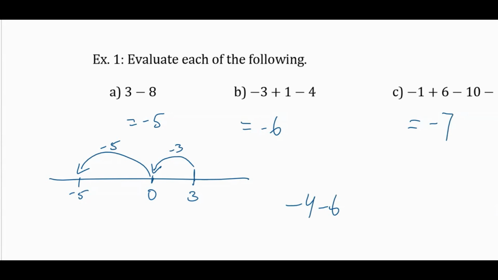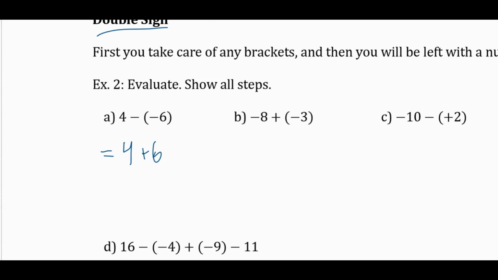These have double signs because there's two signs in front of the same number. Minus -6, plus -3, minus +2. So an easy way of doing questions like this is by getting rid of the brackets using that rule, and then doing the number line question, especially if you get good at the number line one. So what's 4 plus 6? 10. That's easy to do.